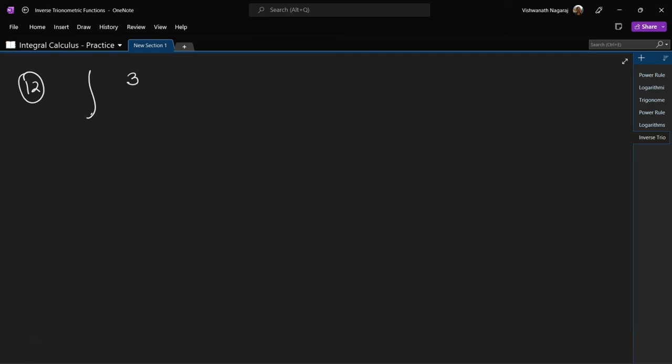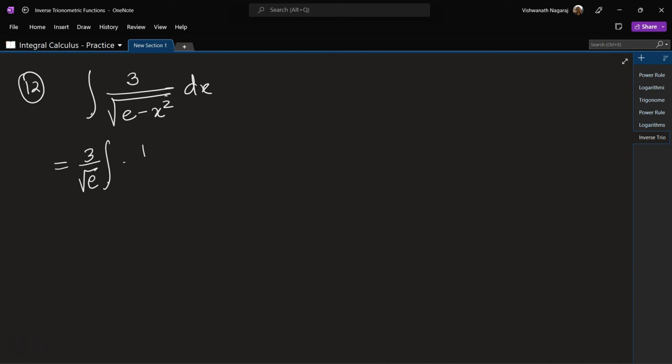integral of 3 by square root of e minus x square dx. Remember, e is just a constant, right? So we need to take out e. So to take out e, we will write it as 3 by square root of e.